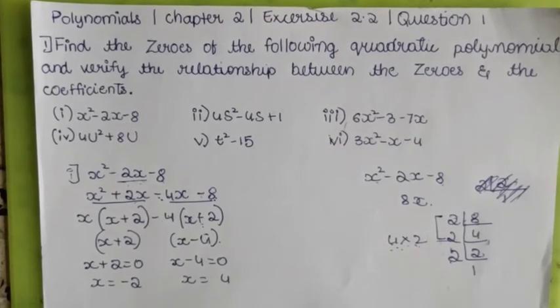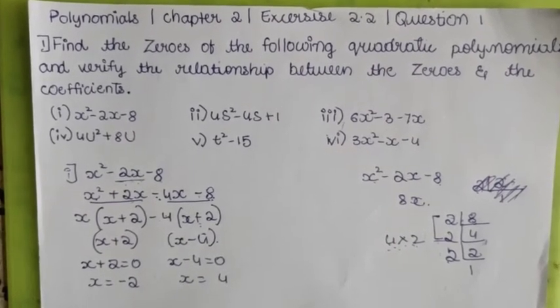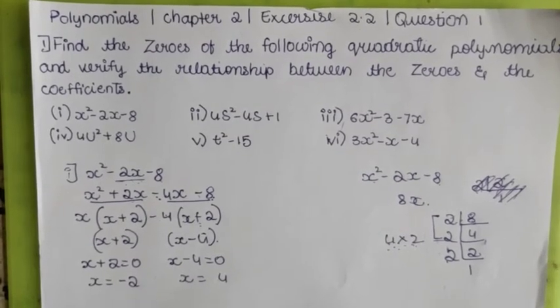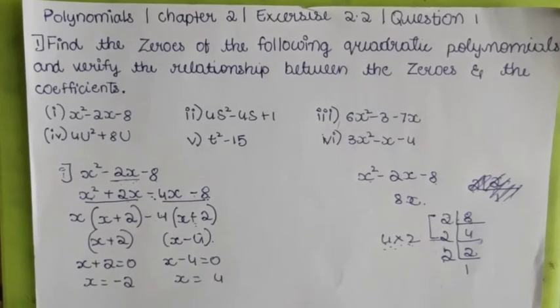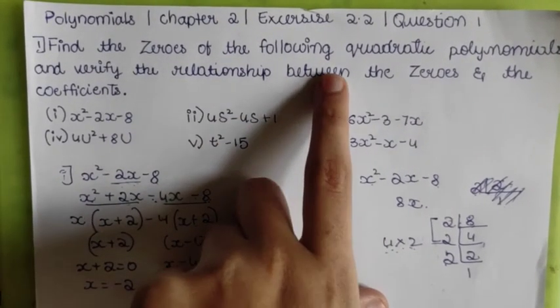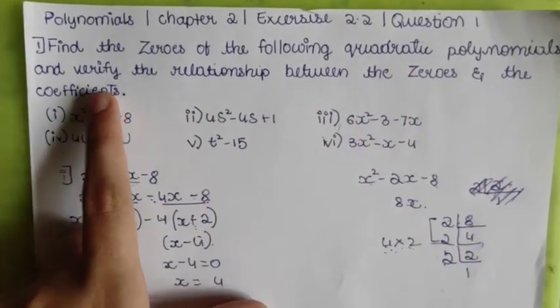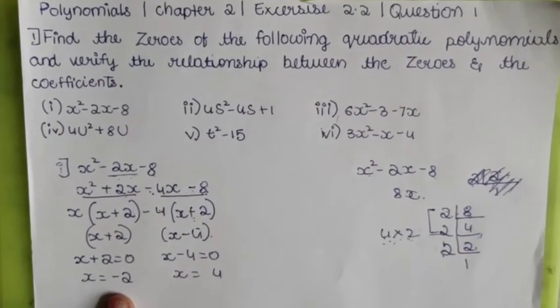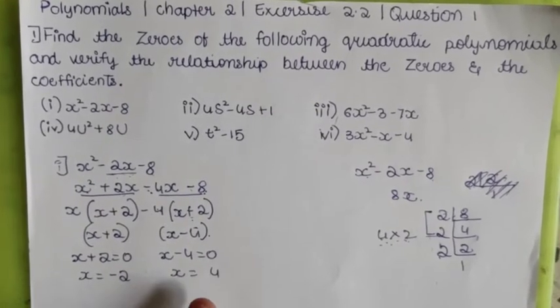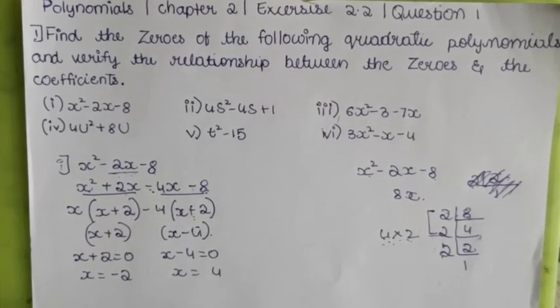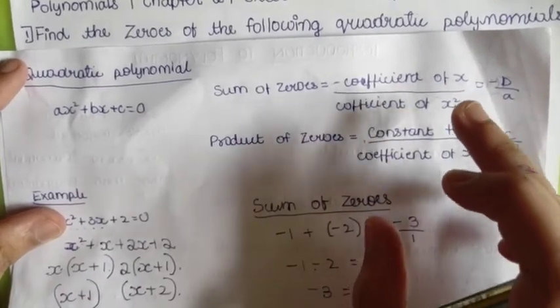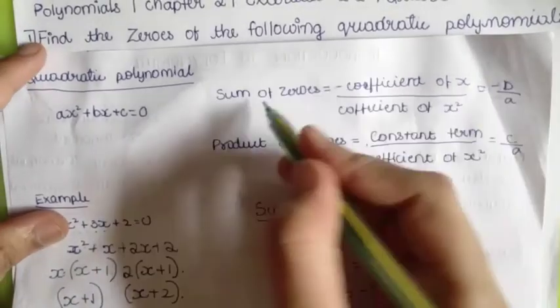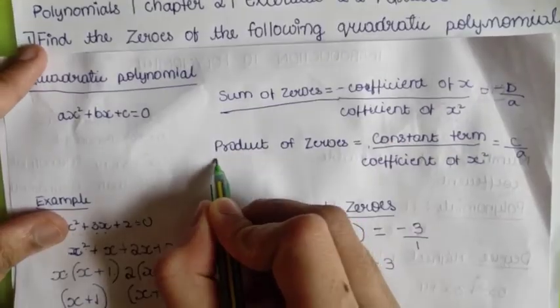In the previous video on the relation of zeros with coefficients, I have taught you this method. Now we have to find the relationship between the zeros and their coefficients. We have got the zeros, that is minus 2 and 4. How to find this relationship between zeros and coefficients: we have the sum of zeros and the product of zeros.